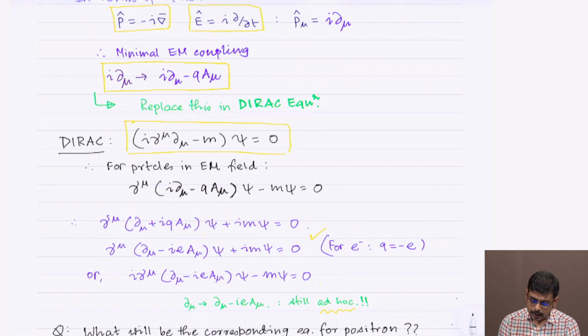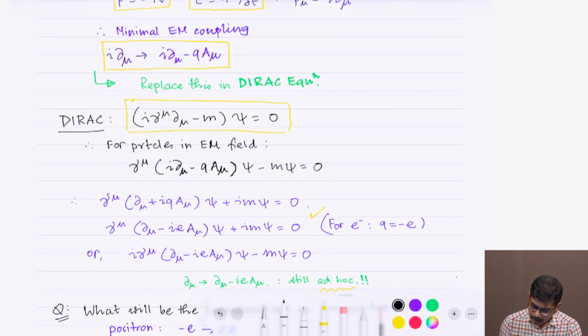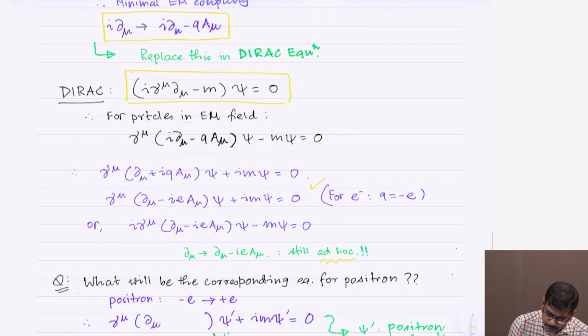Now, I can dress up this equation in a slightly different way, and rewrite this as γ^μ(∂_μ + iqA_μ)ψ + imψ = 0. I can write it in many different ways.